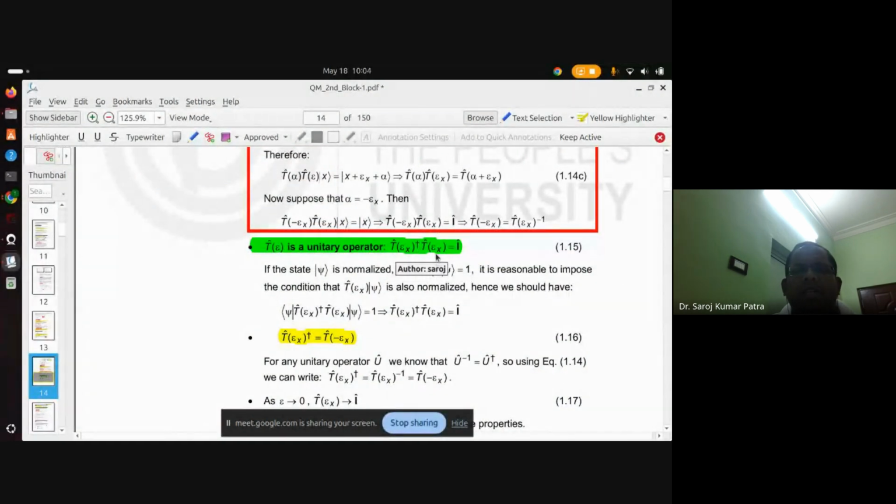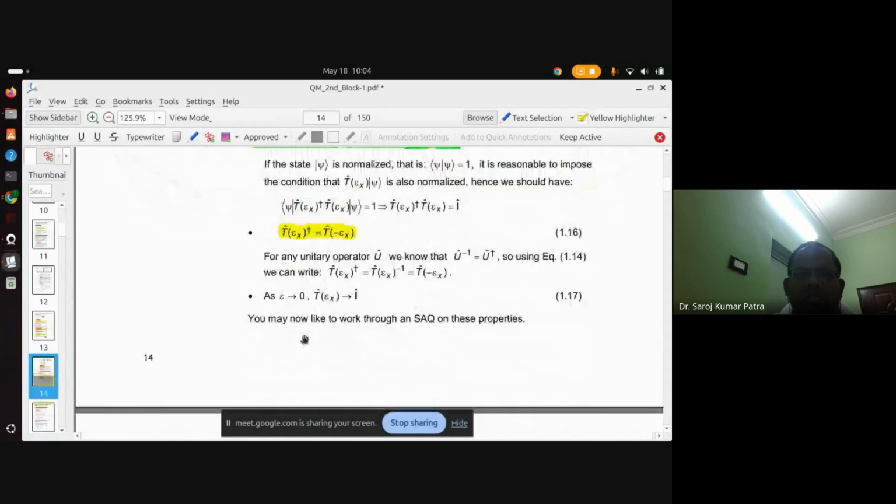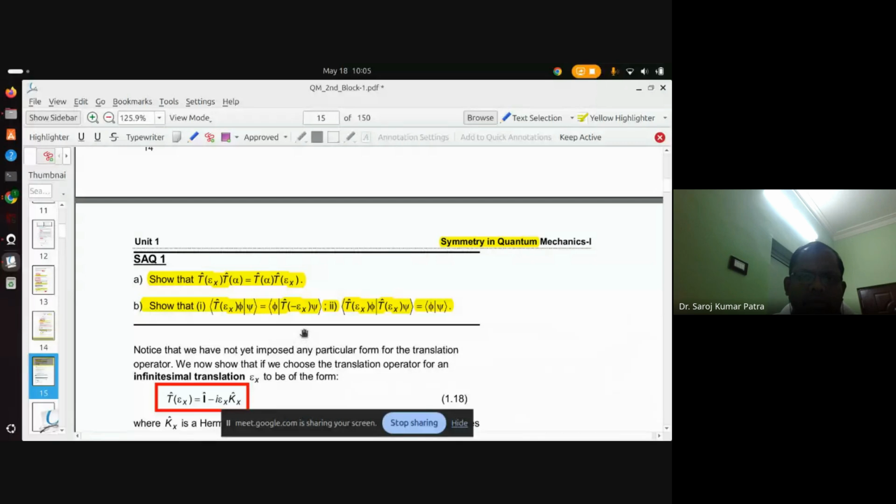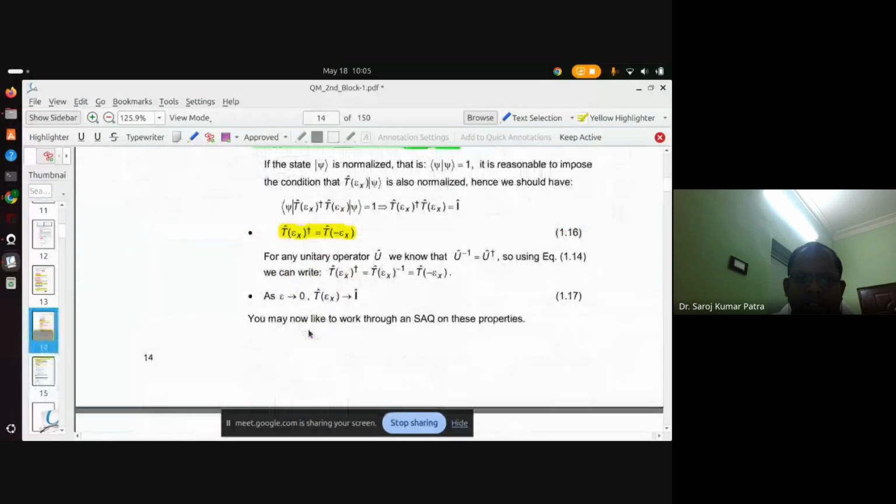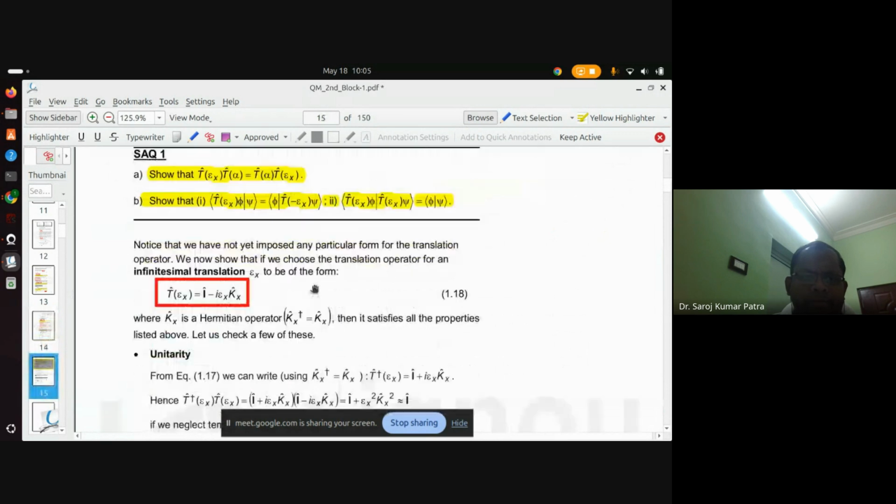That means T dagger must be equal to T inverse. And as epsilon goes to 0, this transformation will also be equal to identity.